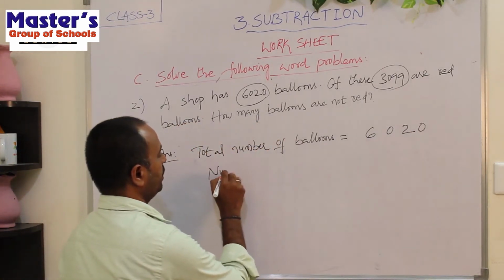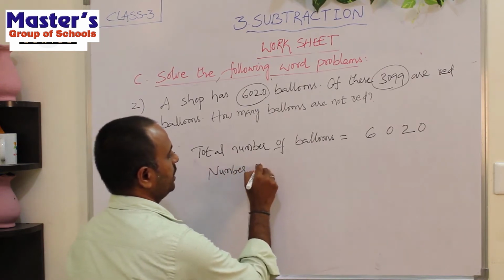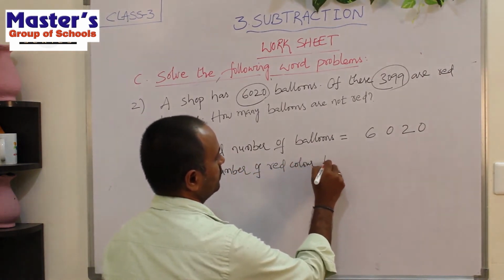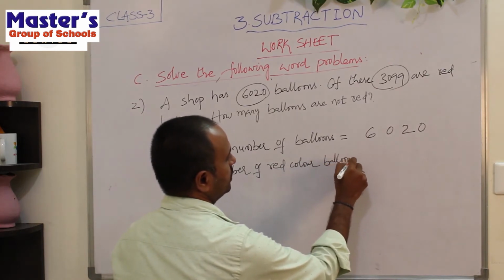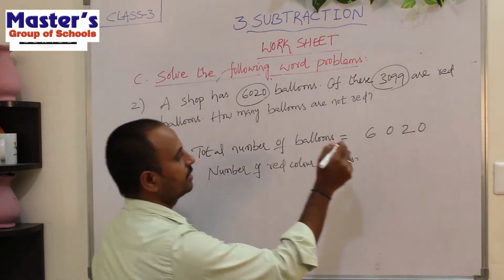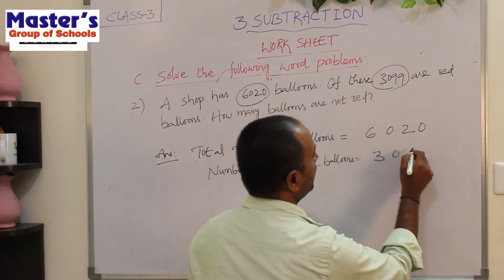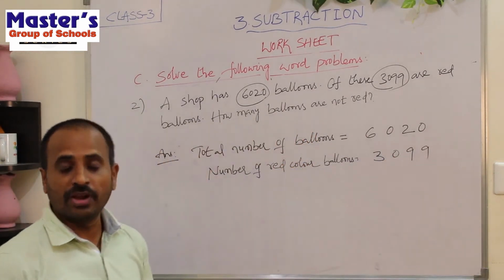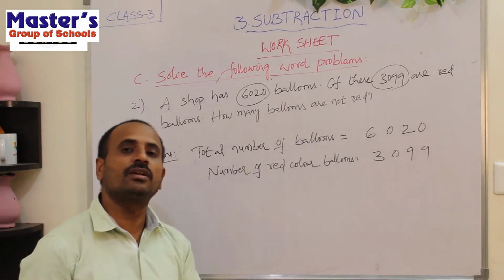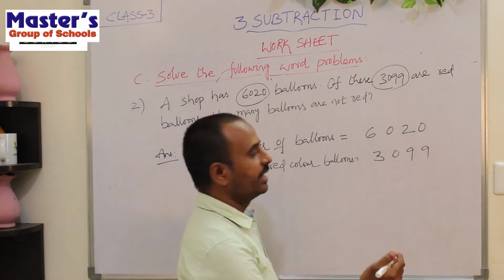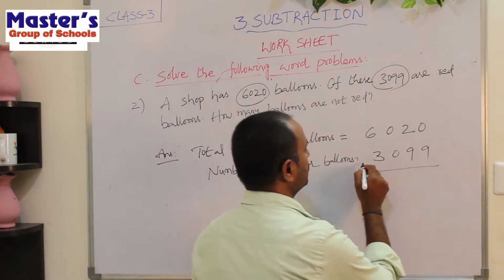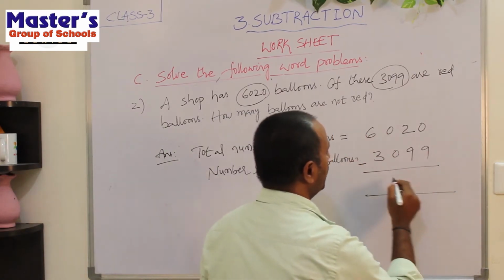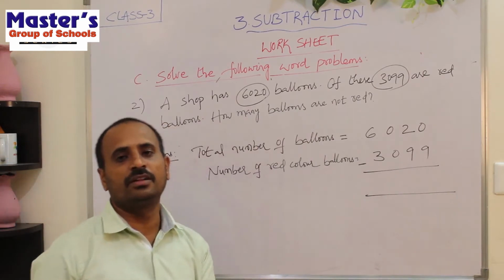Number of red balloons. Children, how many red balloons are there? 3099 are red. Now, what do we have to find? The number of balloons which are not red. So how will we get it? We have to subtract 3099 from 6020. Then we will get the balloons which are not red.